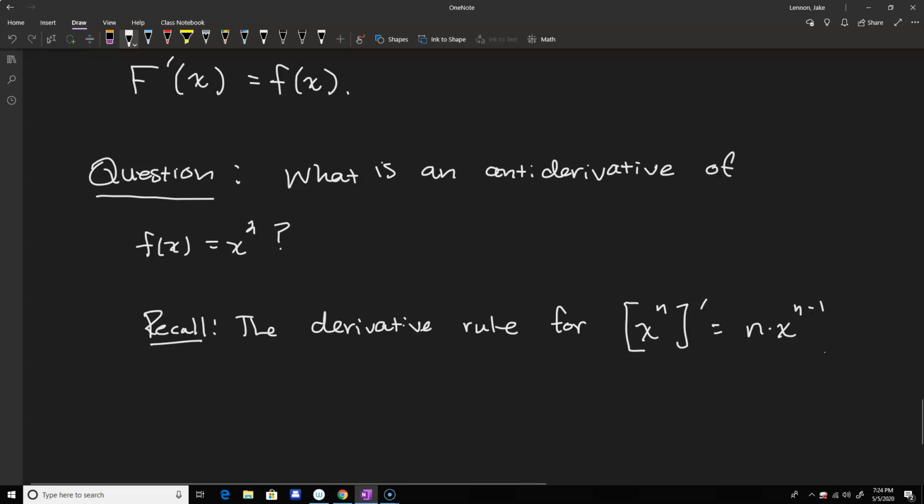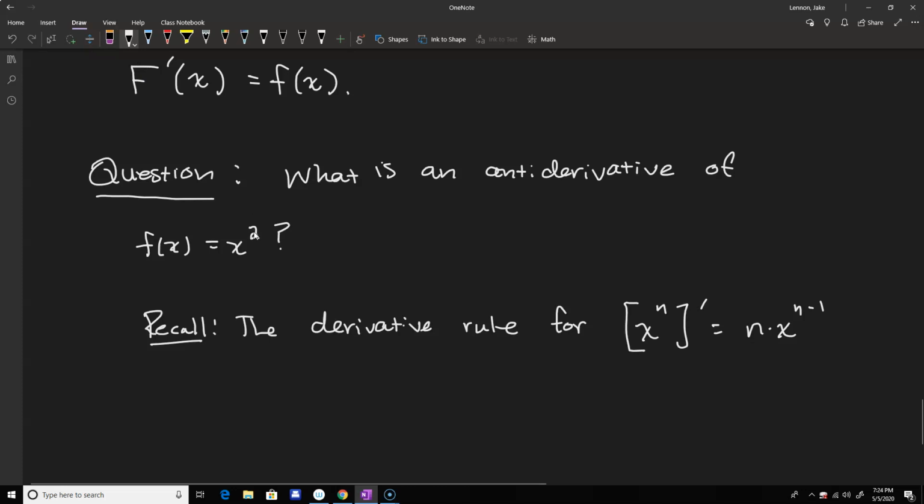So the derivative of x to the n is n times x to the n minus 1. So if we had x squared, and we looked at something that was potentially an antiderivative, if derivatives, sorry, I was thinking in my head, I wrote down a 3. Well, that's exactly the point I'm trying to get at.